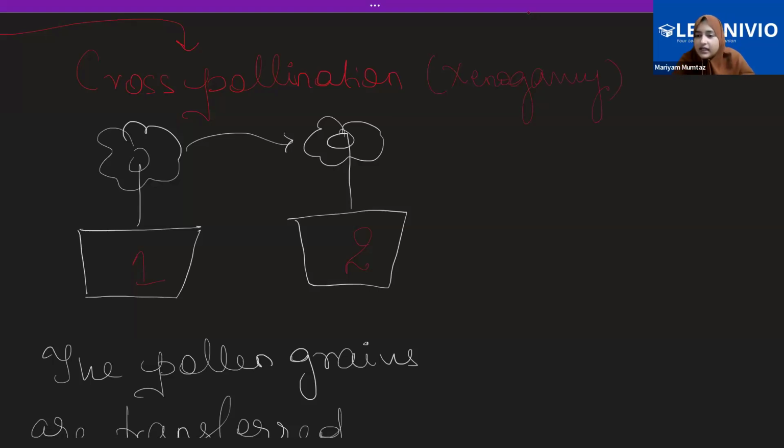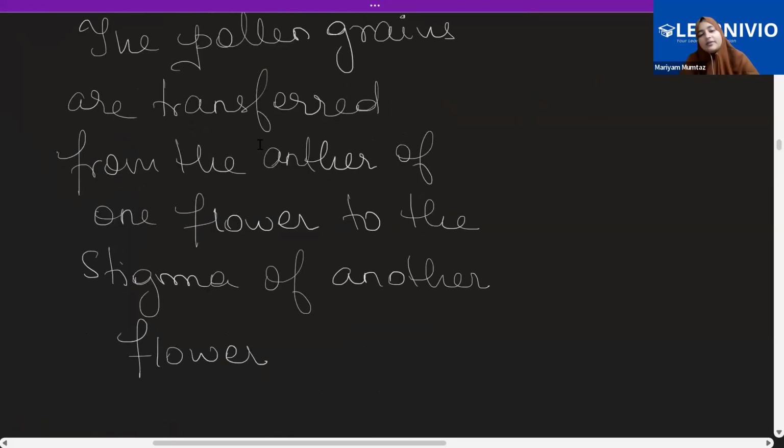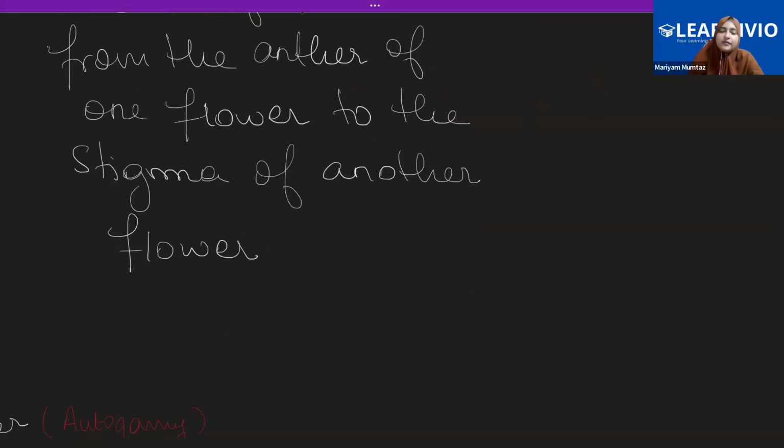Xenogamy. Now, the question comes along, will there be genetically different pollens here? Yes, 100% genetically different pollens are going to be present here. So the pollen grains are transferred from the anther of one flower to the stigma of another flower, or you can say from the anther of one plant to the stigma of another plant.